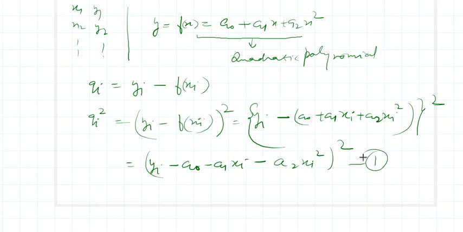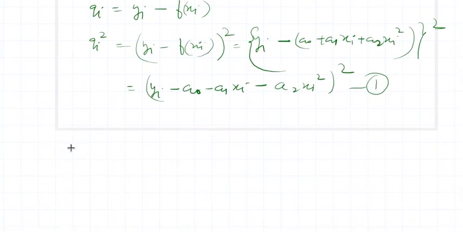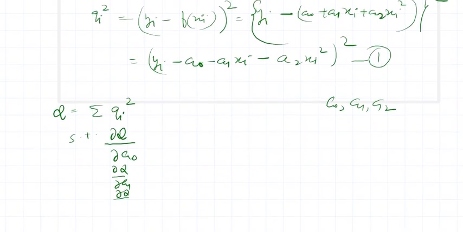But what we need to find is the sum of squares of the errors. So we need to find this such that the sum of squares of the error is least with respect to the parameters a naught, a1 and a2. That means we need curly q over curly a naught, curly q over curly a1 and curly q over curly a2, and all must be equal to 0.